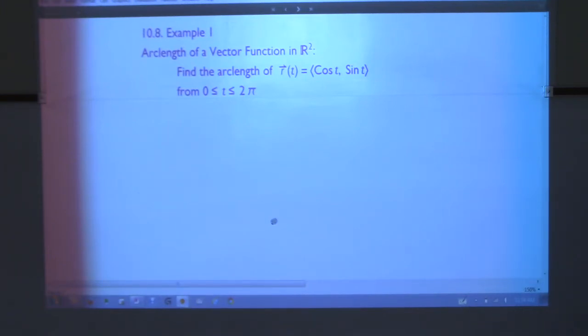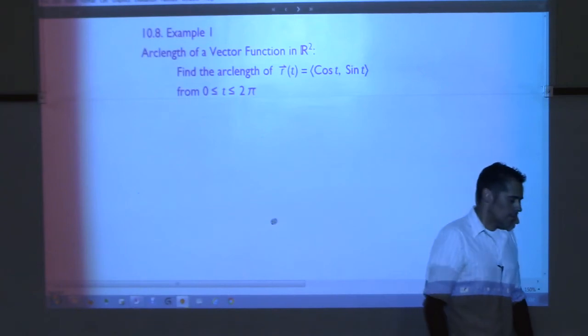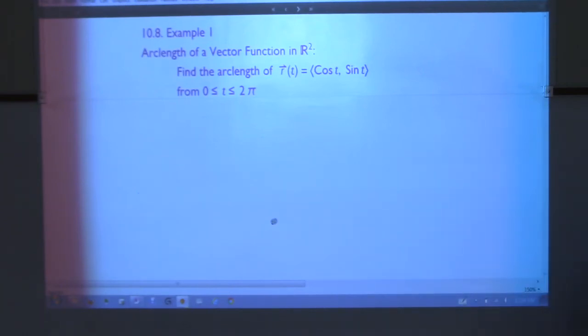Find the arc length of this vector function from t equals 0 to 2 pi. Does anybody know what it should be? The final answer? 2 pi. So where are you getting that from? This is just the circumference of this circle, right? This draws a circle.